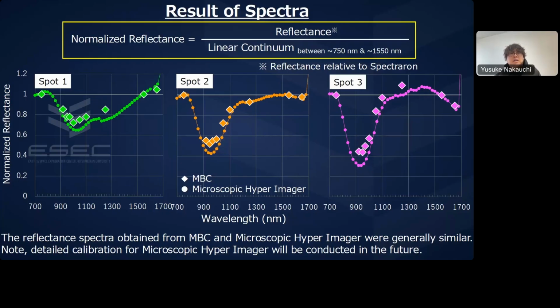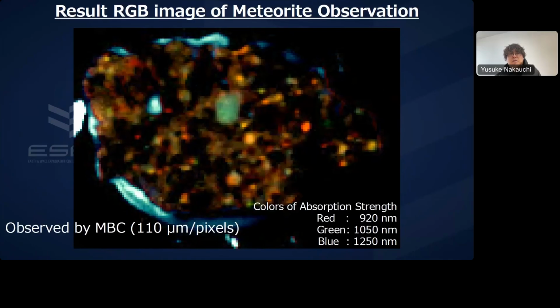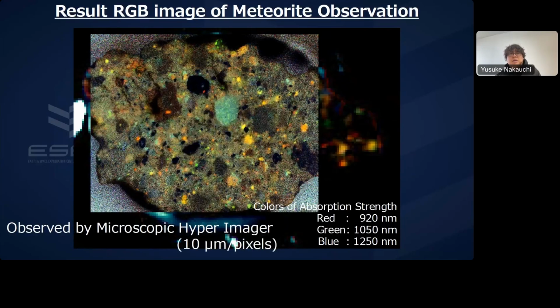The next figure is the RGB image using MBC's data. The boundaries are easier to distinguish compared to the monochrome image. However, features such as the cracks caused by metamorphism can't be identified. Next is the RGB image using the microscopic hyperimager. The boundaries are clearly identified compared to the monochrome image and MBC's data.